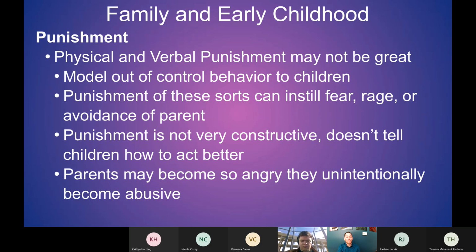Parents can also, on occasion, become so angry with, say, a physical punishment that they unintentionally become abusive. Or with a verbal punishment, they might end up being verbally and emotionally abusive because they're so angry themselves. So it's definitely a high risk factor to avoid and try different techniques.